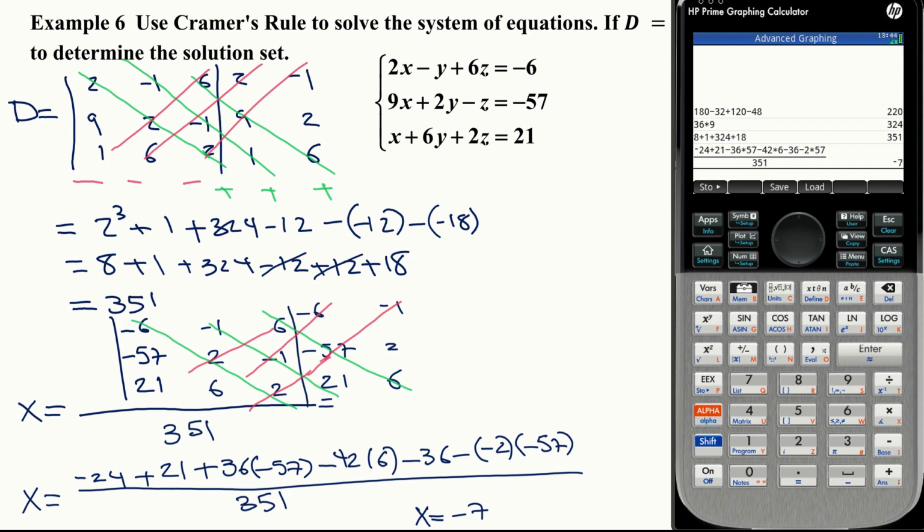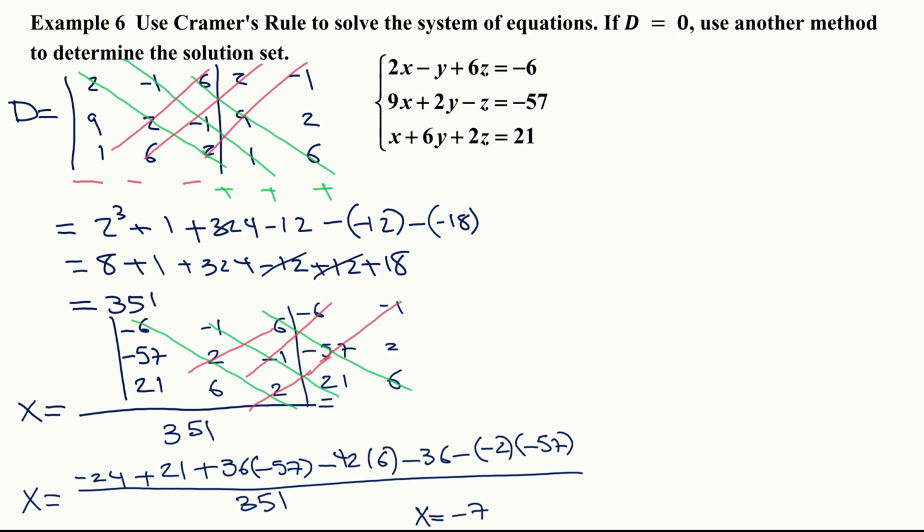Okay, now we're going to find y. So we do something very similar, right? So y is going to be, all right, remember we're going to replace the y column with negative 6, negative 57, 21, but we keep the x and z columns.